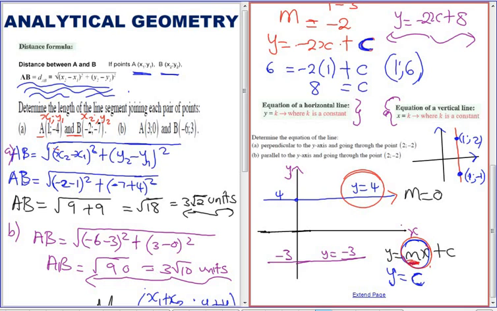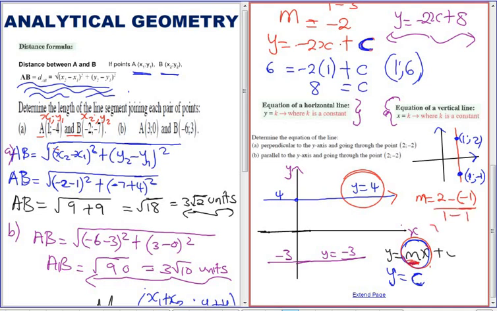So if you try to calculate gradient there, you can go ahead and try it and see what will happen. If I try to calculate gradient, here is what happens. You will say 2 minus -1, and then at the bottom, you will say 1 minus 1.